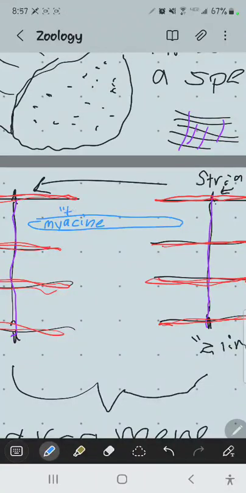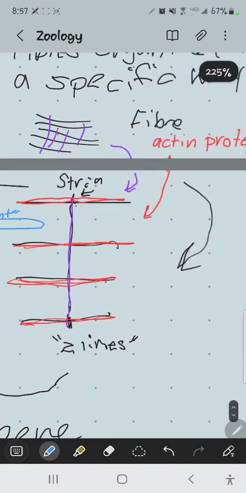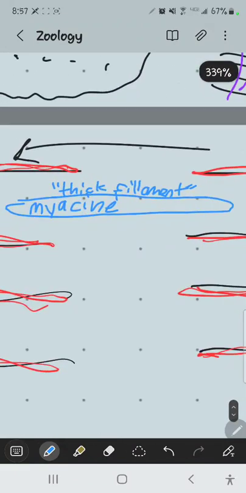Okay, so this is myosin. Myosin sometimes is called a thick filament because I'm drawing it like combined together bundles. It's a thicker material, and it lays in between these little fibers of actin.